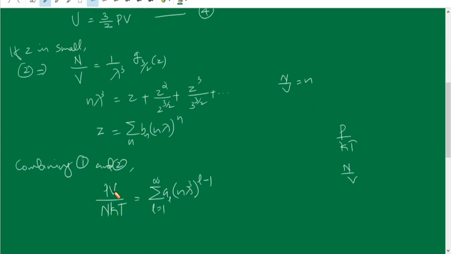So this PV by NKT is the equation of state, relating the pressure, volume, number of particles and temperature.